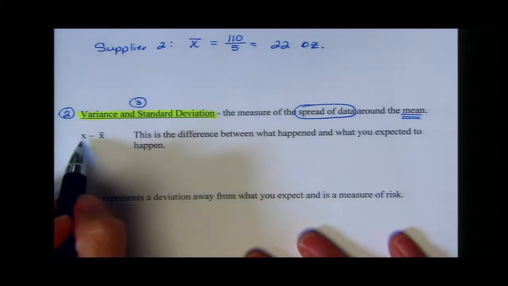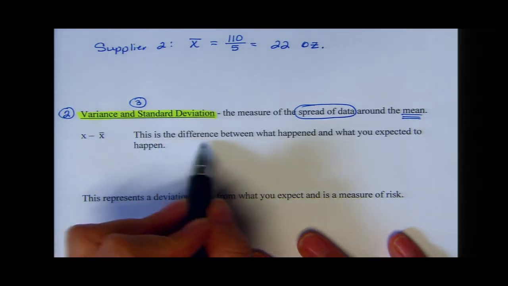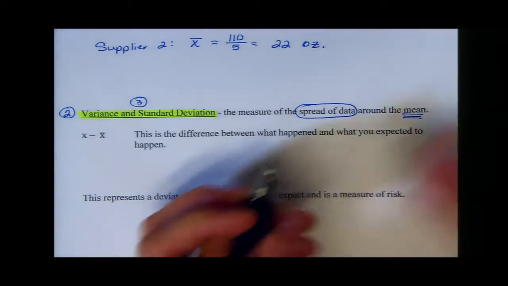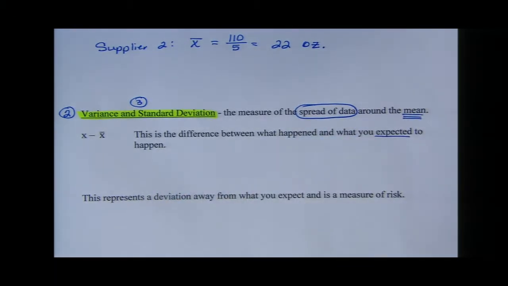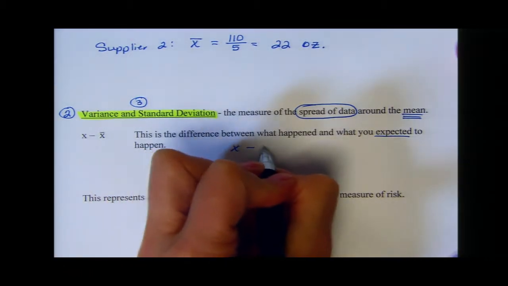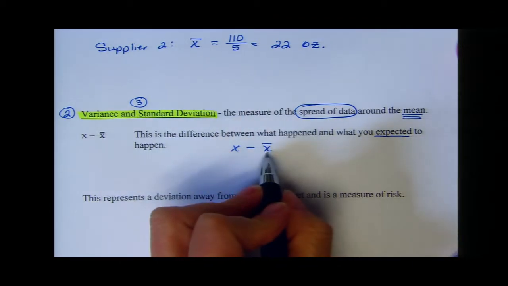Now, X minus X bar, this is the difference between what happened and what you expected to happen, because what we expect to happen is the 22 ounces. So the X here would be an example. If we were looking at X minus X bar, I expect to get boxes that weigh 22 ounces.